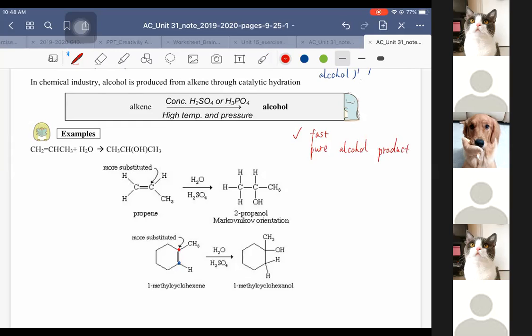And also, it's a continuous process. Once we put everything in and get to the right condition, it will just continue by itself.